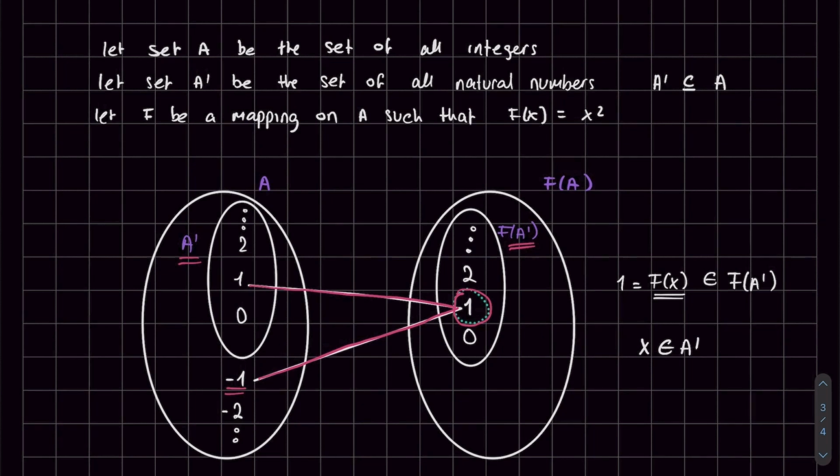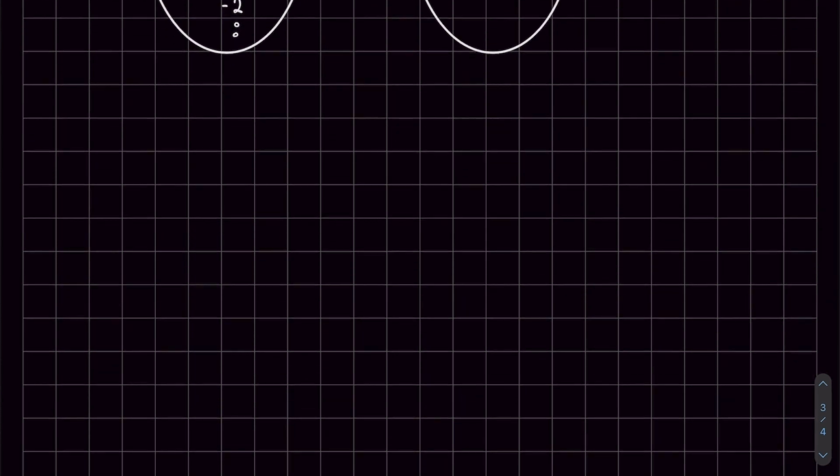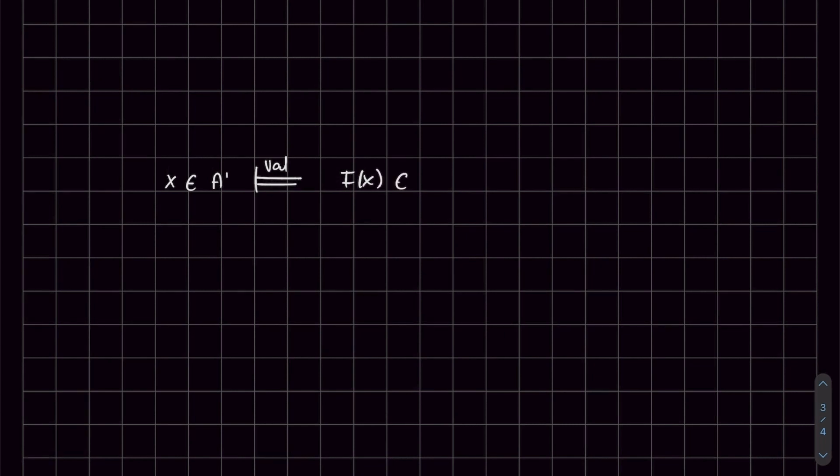And if we just conclude it using some notation, we can say that x is an element of the set A prime is logically stronger than saying that f of x is an element of f of A prime.